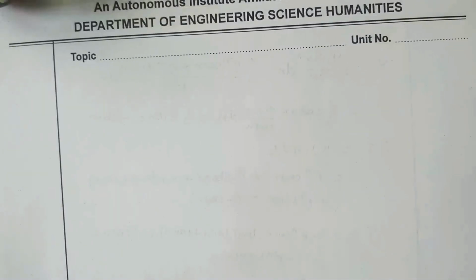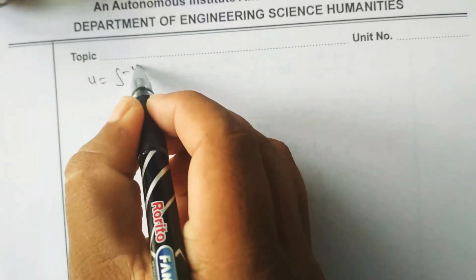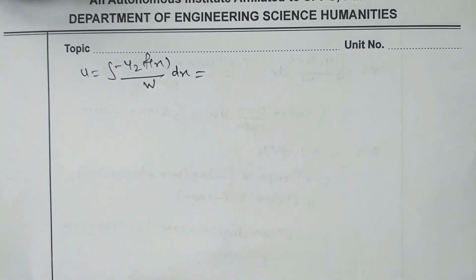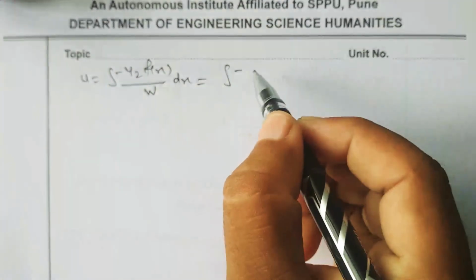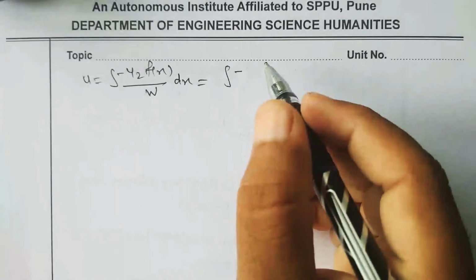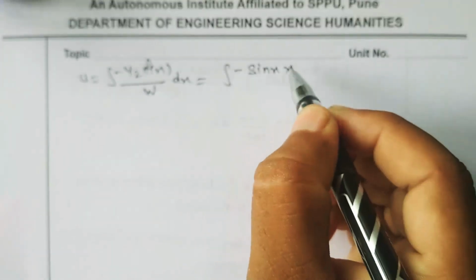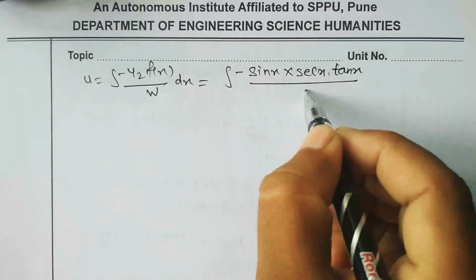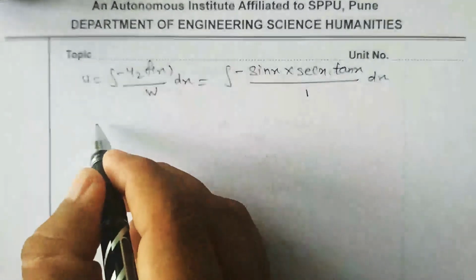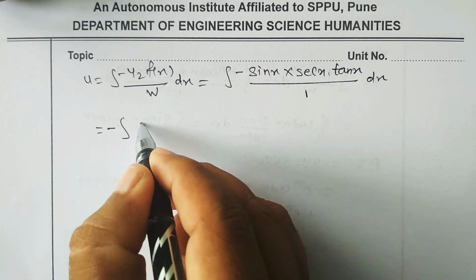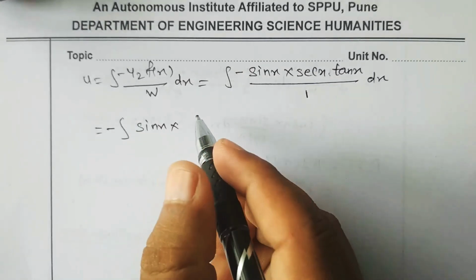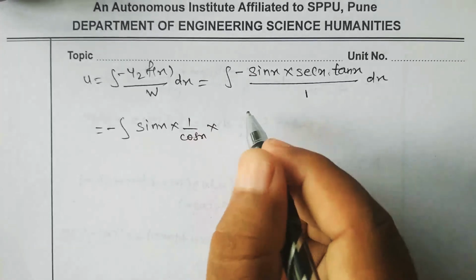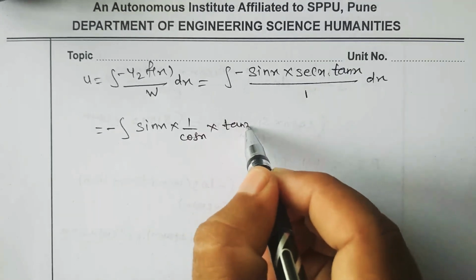Therefore u equals integration of minus y2 f of x upon w dx. This is equal to integration of minus y2, the value of y2 is sin x, into f of x, that is the right hand side of our given differential equation, sec x into tan x, upon w which is 1, dx. Minus sign taken outside, integration of sin x, sec x is 1 upon cos x, and tan x is kept as it is, dx.